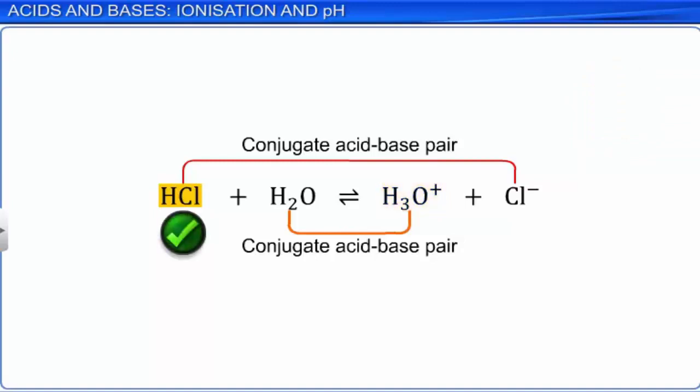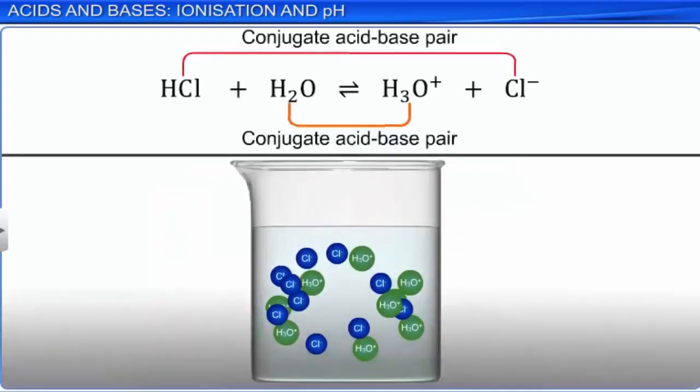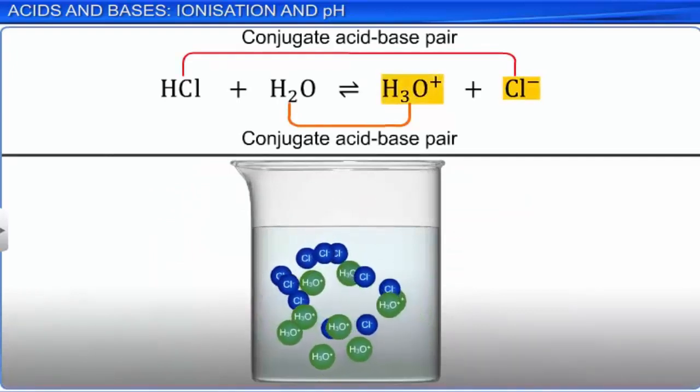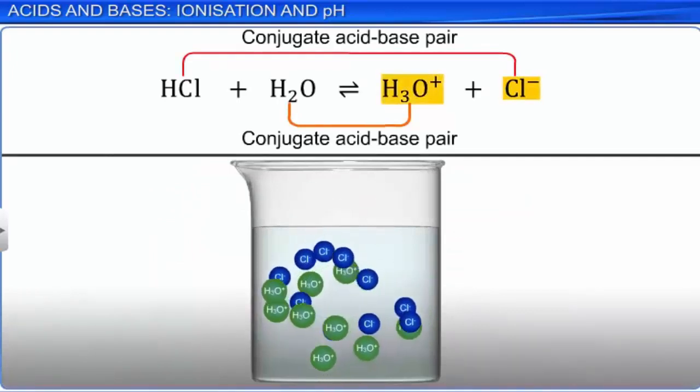Obviously, HCl. This is because HCl shows a greater tendency to lose protons than the H3O+ ion, and hence, the solution primarily contains Cl- and H3O+ ions.